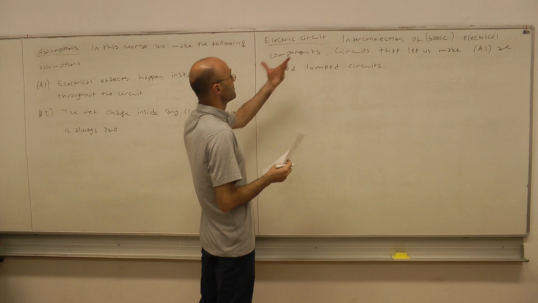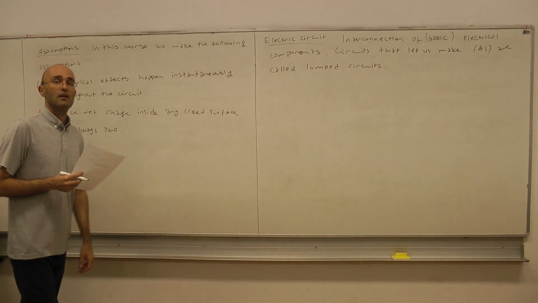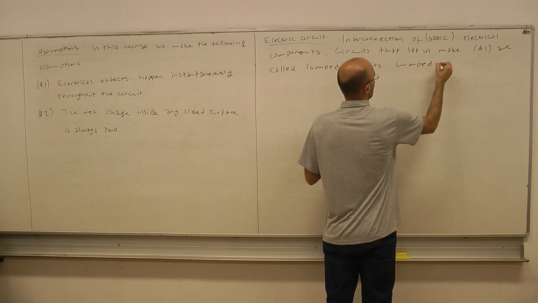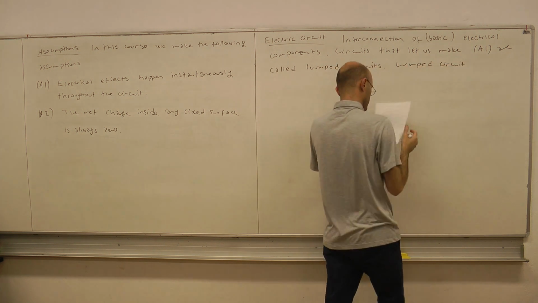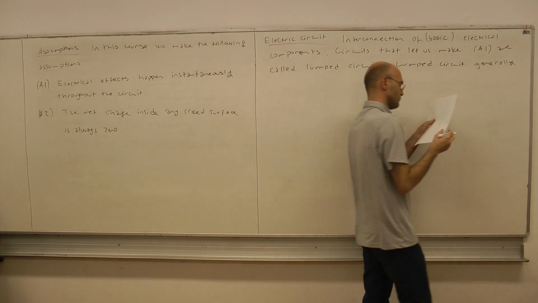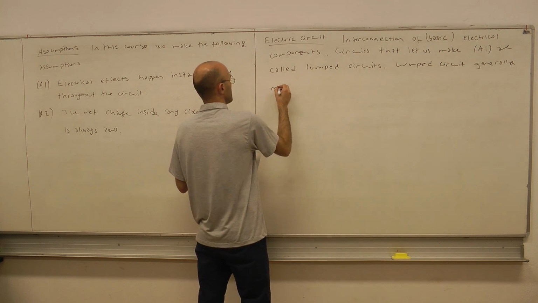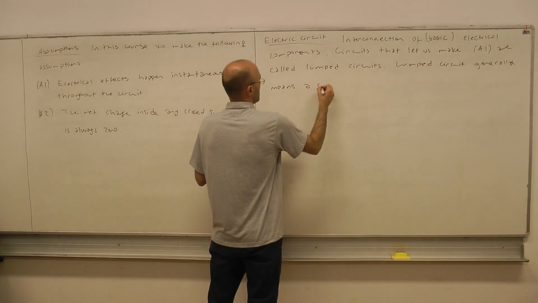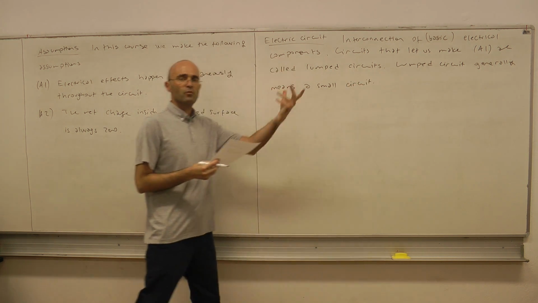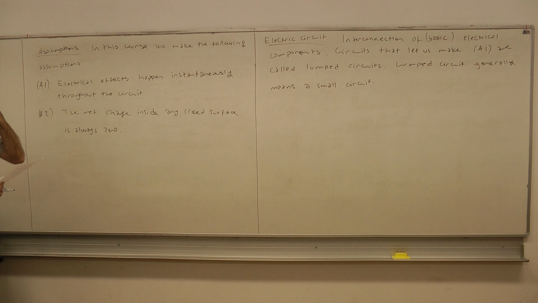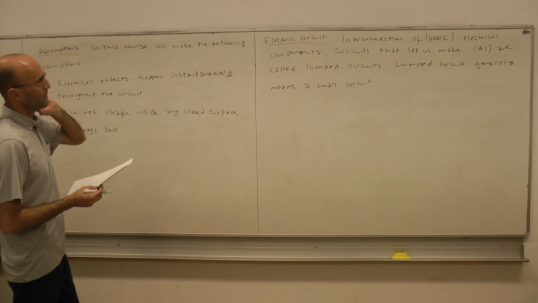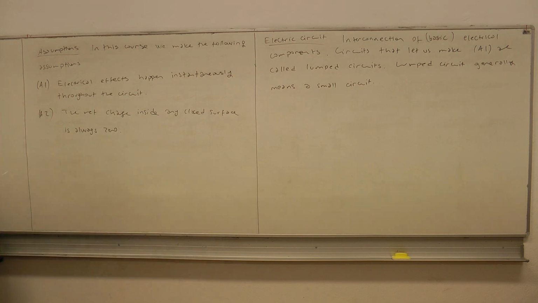And in this course we'll be dealing with lumped circuits, and lumped circuits generally means a small circuit. Well, I'm talking about physical size. So small circuit. And that's roughly what an electric circuit is.